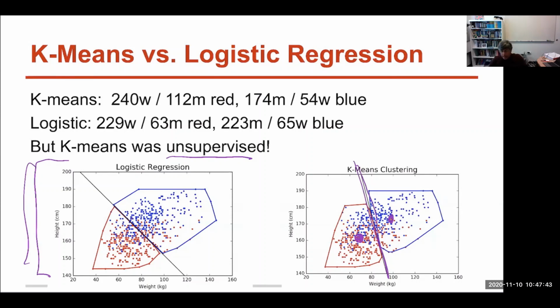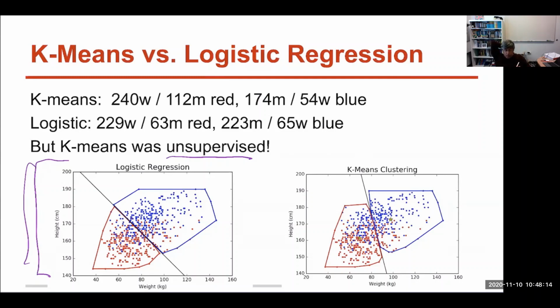When we did that, the cool thing is the separating line. When we did this, we did not know which points were red and which points were blue. K-means clustering doesn't worry about the labels, but still, the decision boundary it found was not wildly different than what you found from logistic regression.